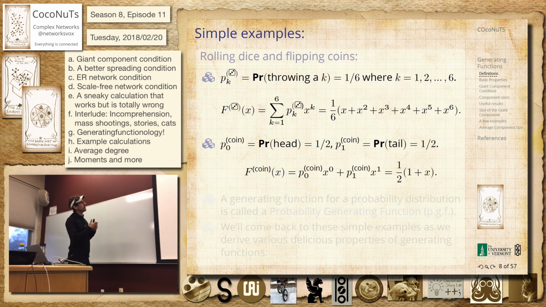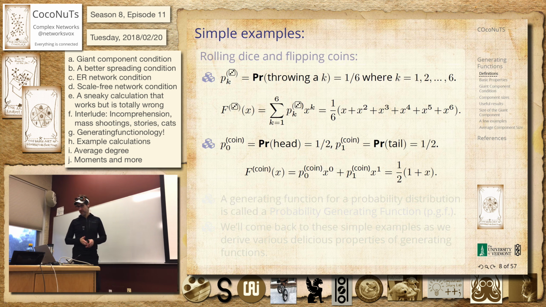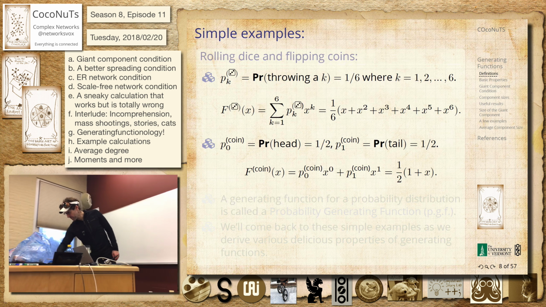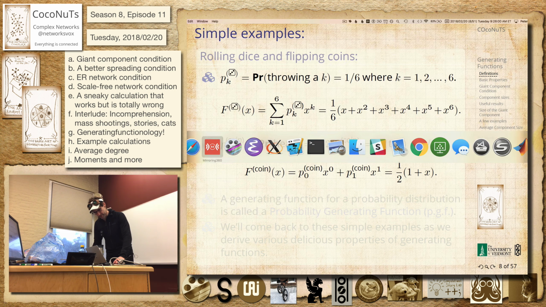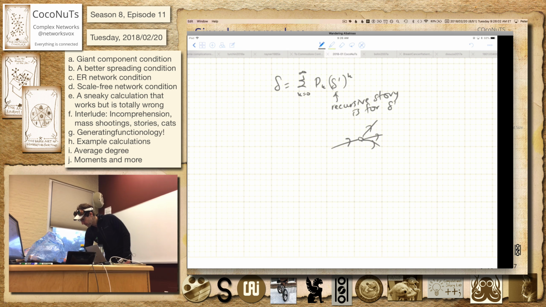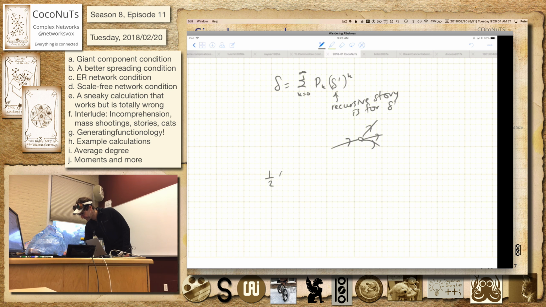So what can you do with these little objects? A fun thing to start with is just multiplying. So we've got a half times 1 plus x, so this is f of x for a coin. Let's multiply a couple together.